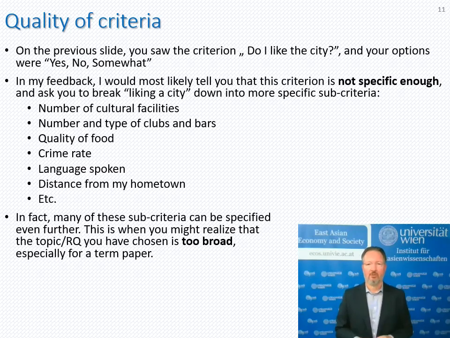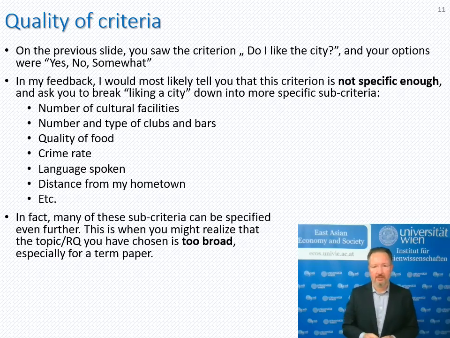And one of the problems we often have when students submit their analytical frameworks to me is that I say it's not specific enough. And this is usually the case when it includes points like, do I like the city? Because how do you want to measure that? How do you want to make sure that you have made a very well-informed decision?